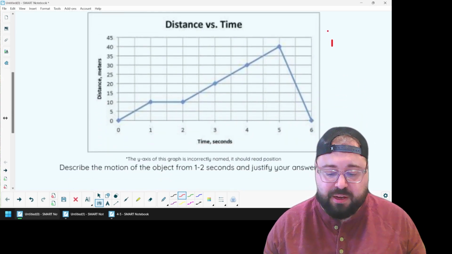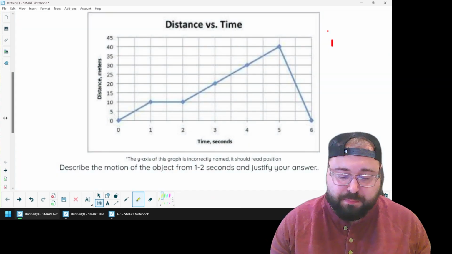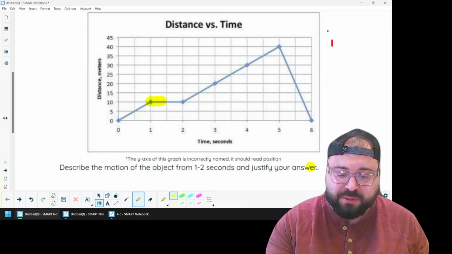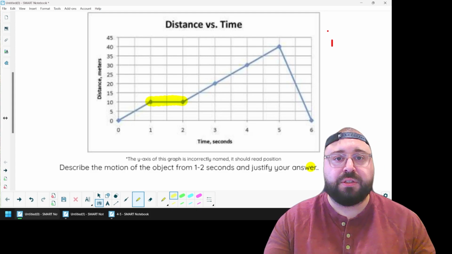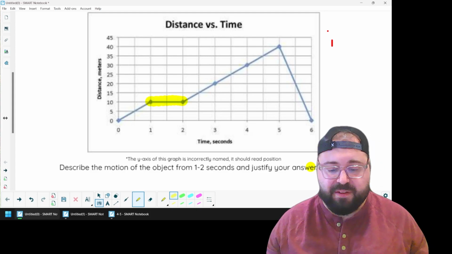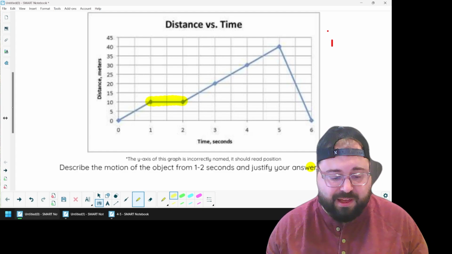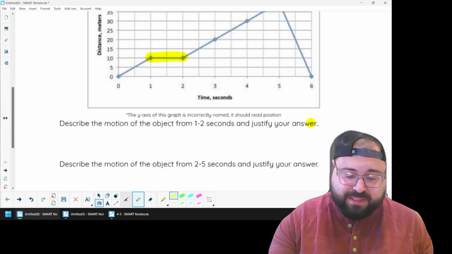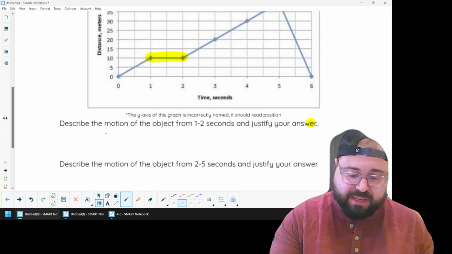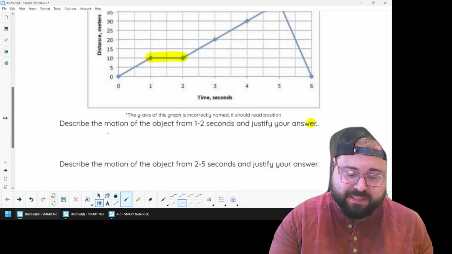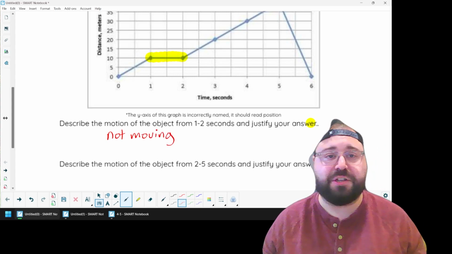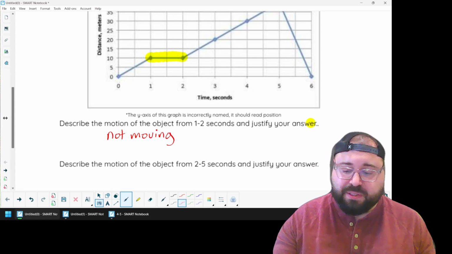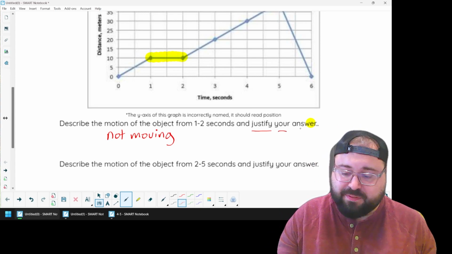So let's look. First, we're asked, what's the motion of the object from 1 to 2 seconds? So we're looking at this portion of time right here. In that time, let's start by finding the slope. Oh, well, it's a flat line. So we can say very simply that the object is not moving. We don't have to provide a direction, and obviously velocity is not changing there. So we would say not moving, and we must justify our answer.